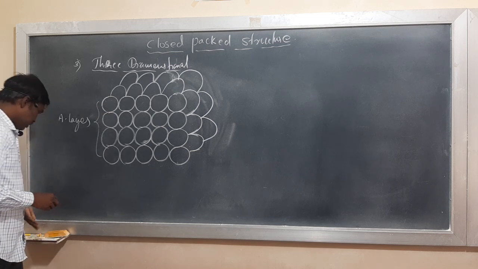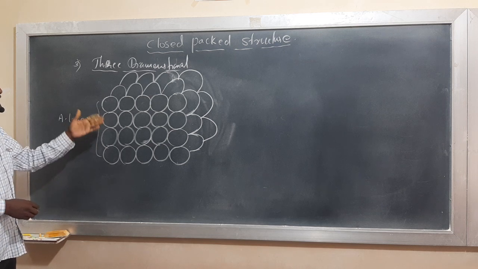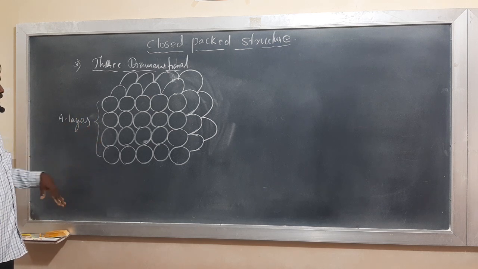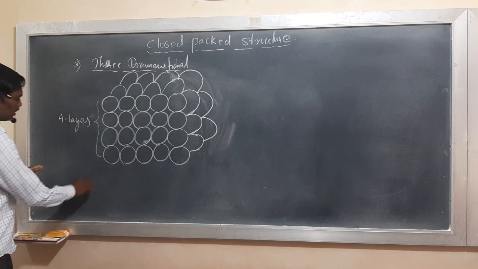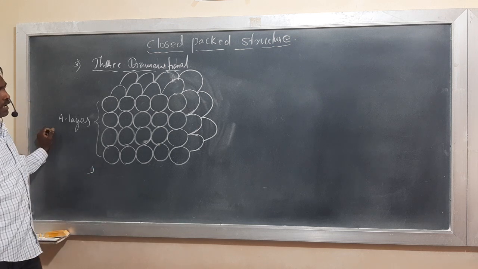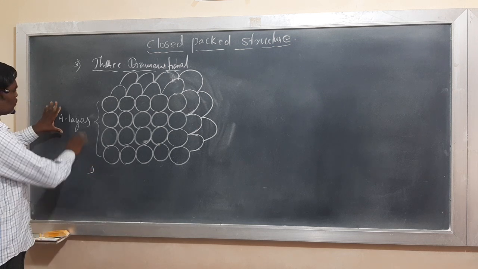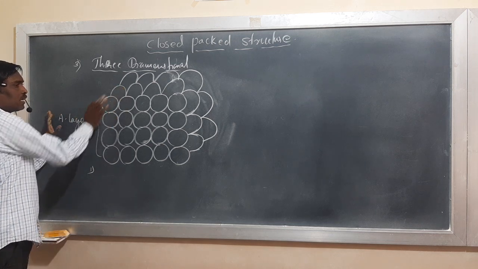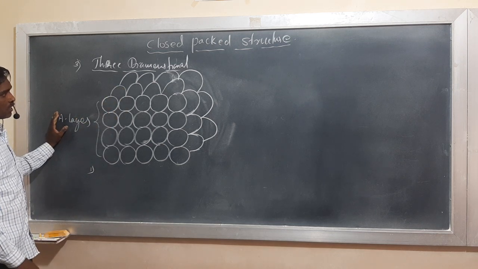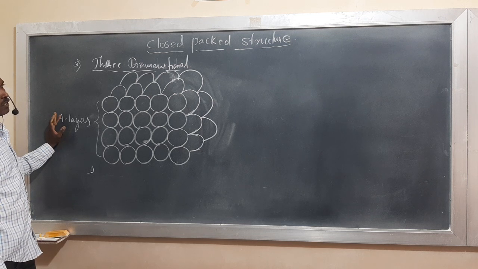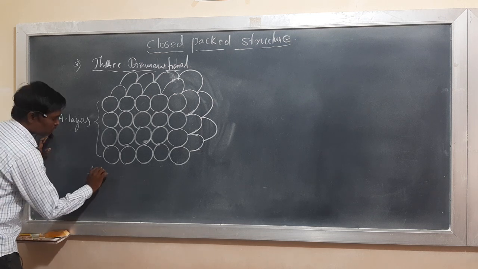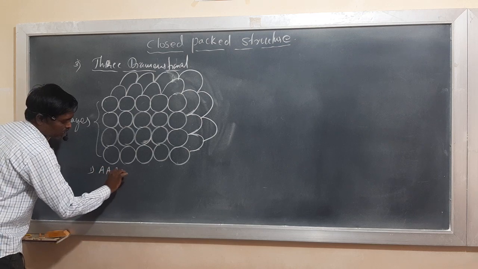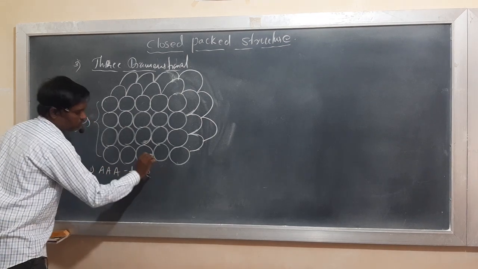Now, the important point is that this type of arrangement is of AA type. Because if I define the first layer as A, the second layer is exactly the same as the first one, and the third layer is also exactly the same as the first one. Therefore, this type of arrangement we call an AA type of arrangement.